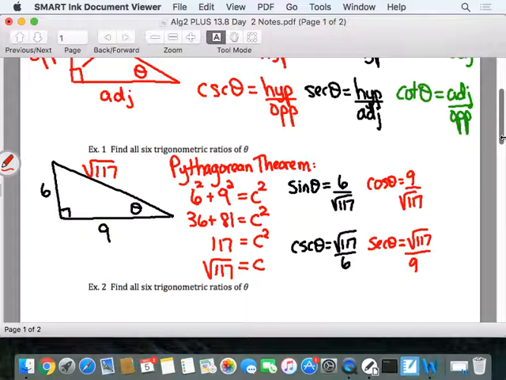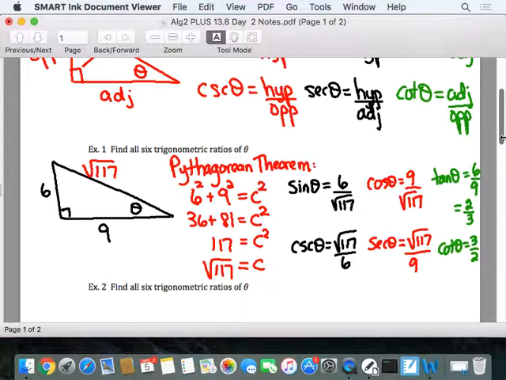So that's radical 117 over 9. And then the last pair is tangent theta, which is 6 over 9. Well, we never ever leave a fraction that isn't reduced. 3 goes into both of those. And then take your reduced answer and flip it. So cotangent theta is 3 over 2.